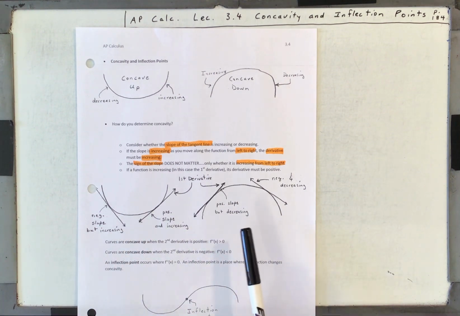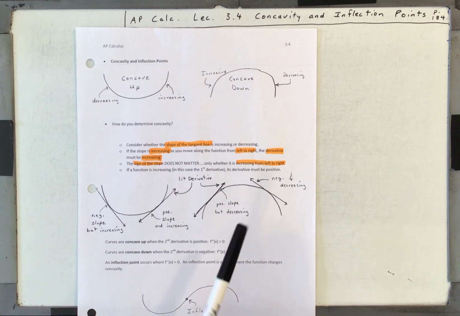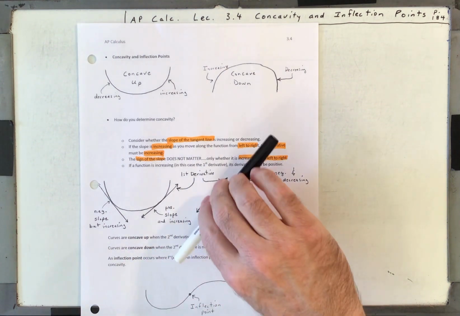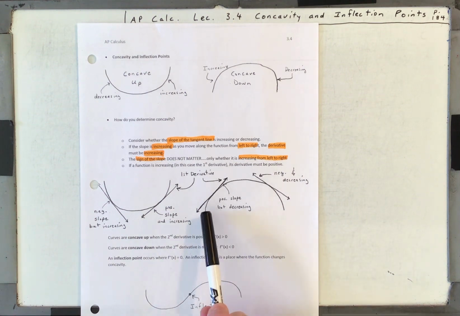On the other hand, if the slope of the tangent line as you go from left to right is decreasing, so maybe it starts off positive but gets less and less and finally goes negative, then it's concave down.